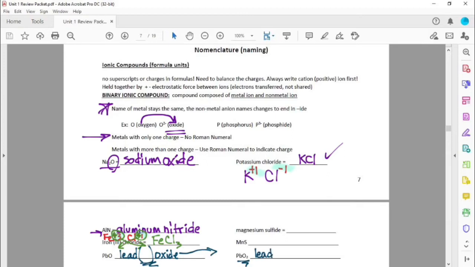I'll go ahead and write out this here because it's the same basic name. The only difference between these two compounds is what Roman numeral we're going to put in here. So let's do this one on the left together, and I'll let you do the one on the right. The way to figure out that transition metal is to use the charges we already know. So we're going to start at the oxygen side of things.